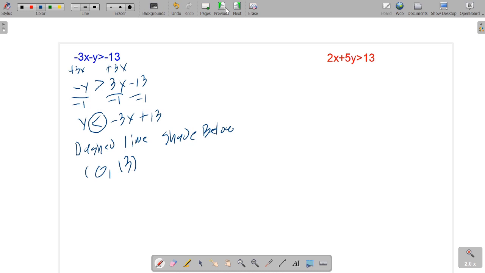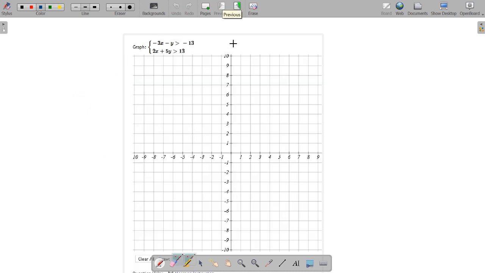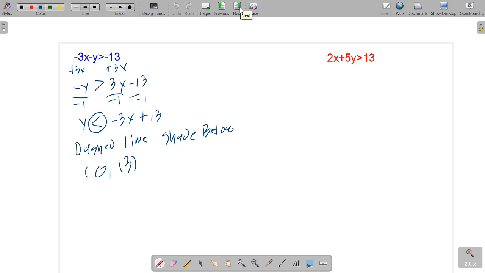And if we go back to the graph, we can see that that is off the grid. So we need to find another point that will work. Now we need this to get smaller, so since this is negative, as I go right, as x gets bigger, this will get smaller. So I'll plug in a 1.